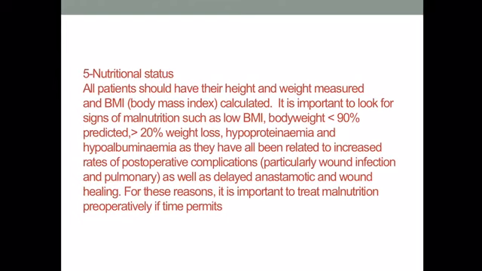It is important to look for signs of malnutrition, such as low body mass index, body weight less than 90% of predicted, or more than 20% weight loss, hypoproteinemia and hypoalbuminemia, as they have all been related to an increased rate of post-operative complications, especially delayed wound healing, wound infection and pulmonary complications, as well as delayed anastomosis healing. For this reason, it is important to treat malnutrition preoperatively if time permits.